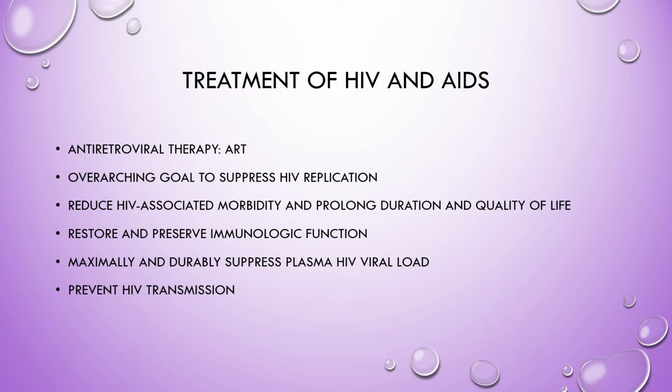We want to maximally and durably suppress the plasma HIV viral load. So we're going to try to stop that replication process with medications, and we're also going to try to prevent further HIV transmission and do a lot of education and preventative care there.